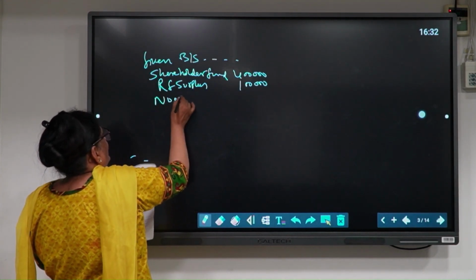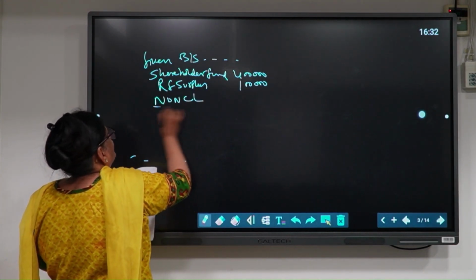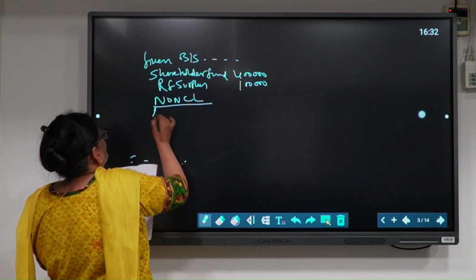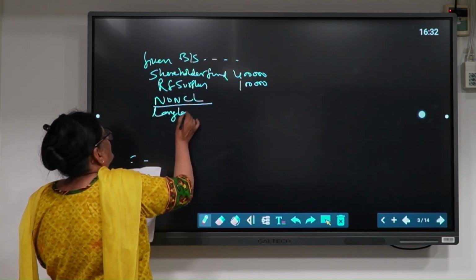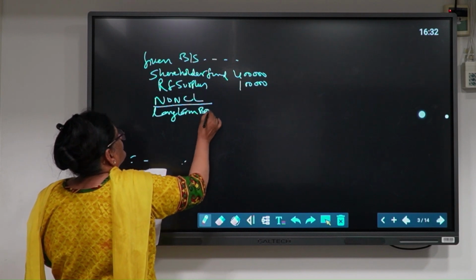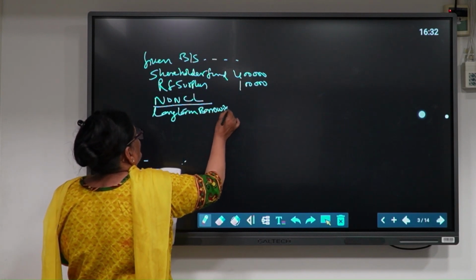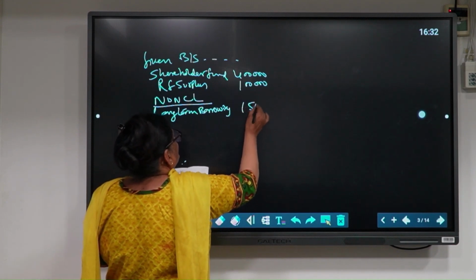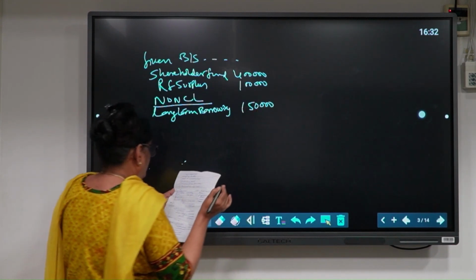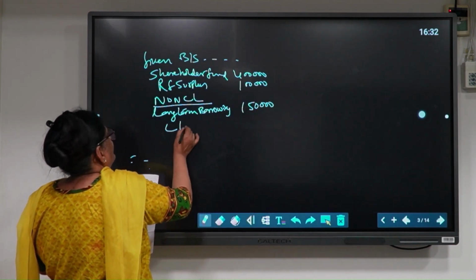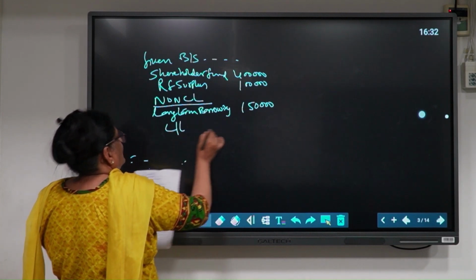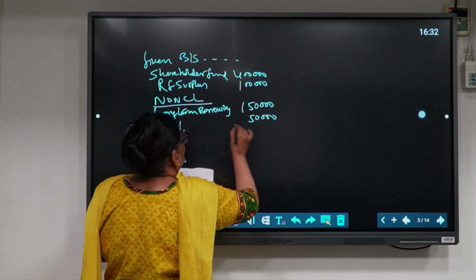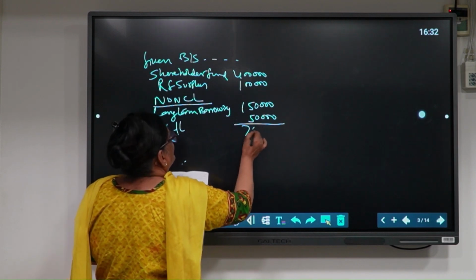So I will tell you the format when I am doing the balance sheet. Long-term borrowings. That is debentures, long-term, 1,50,000, bank loan or debenture, anything can be there. Then you have current liabilities. Current liabilities 50,000. So total is 7 lakhs for us.